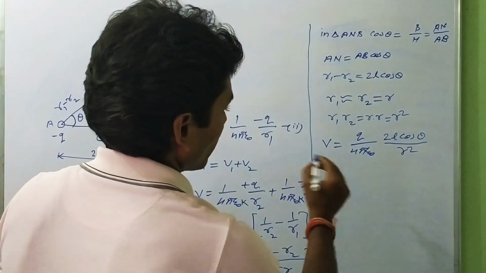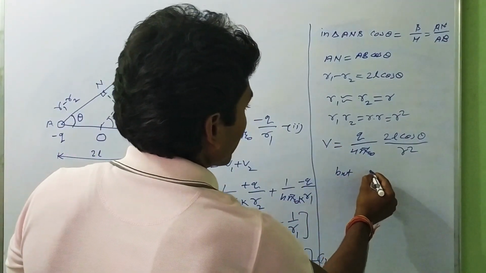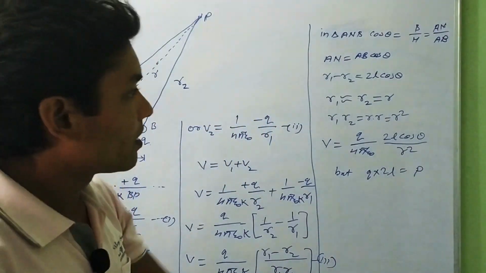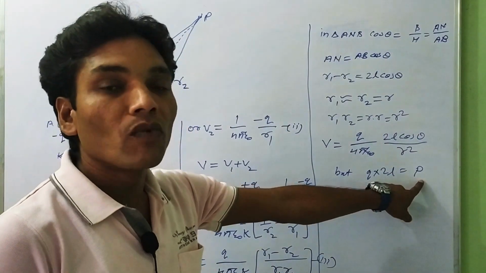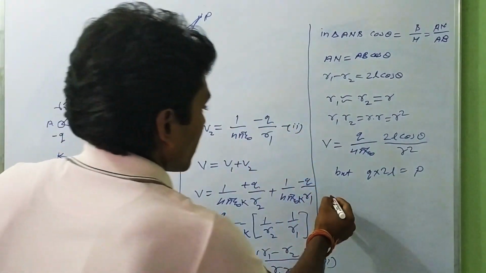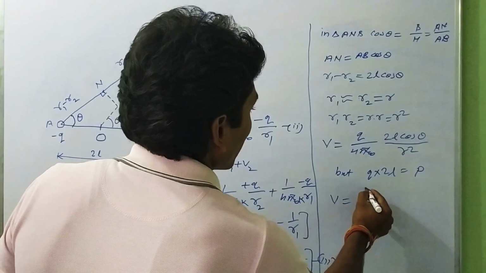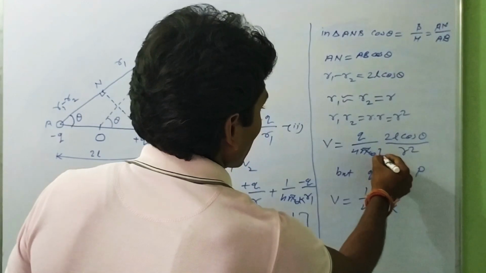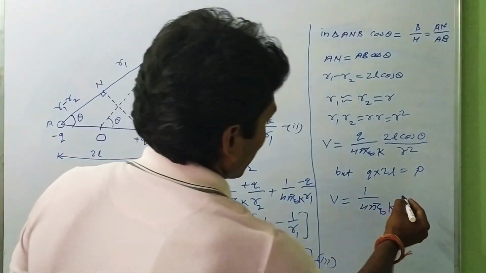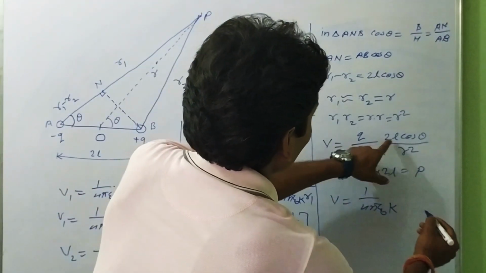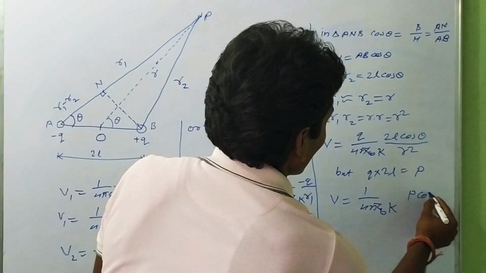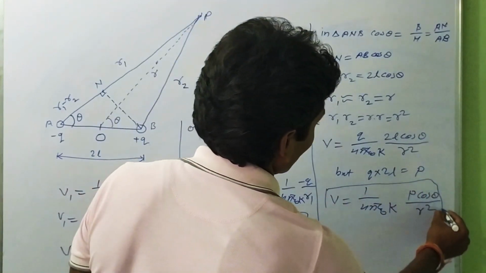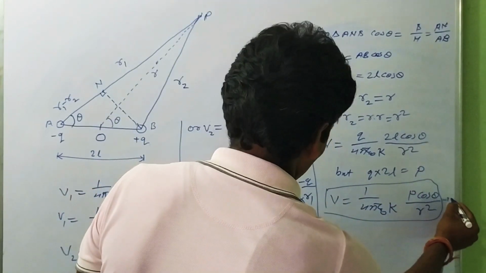Now we know that Q into 2L equals P. This is the dipole moment. Now V will be equal to 1 upon 4 pi epsilon naught K times P cos theta upon R square. This is the fourth equation.